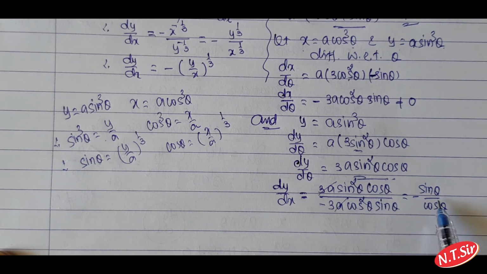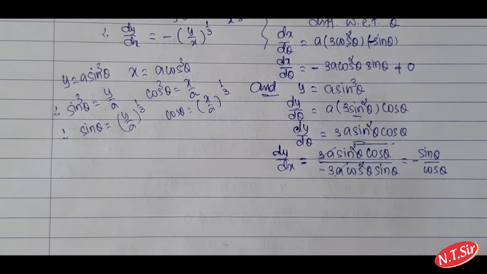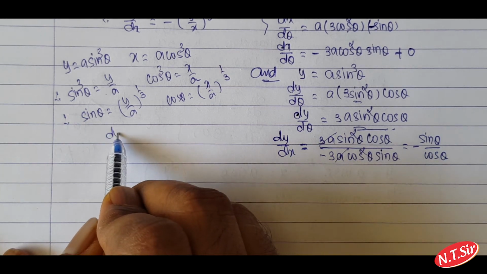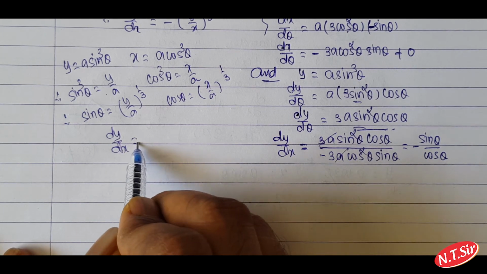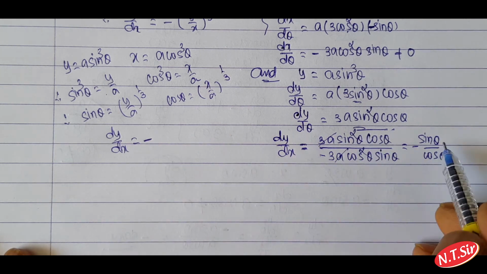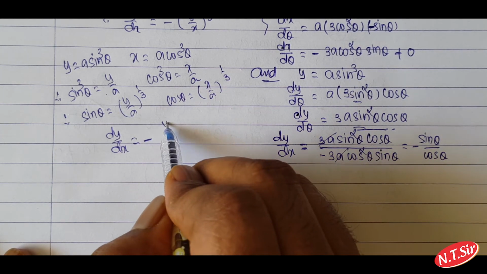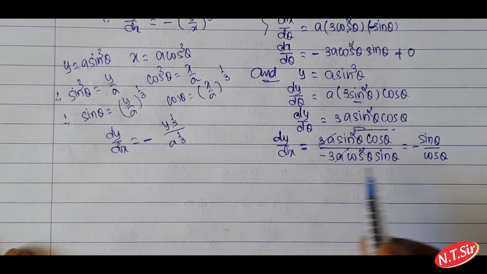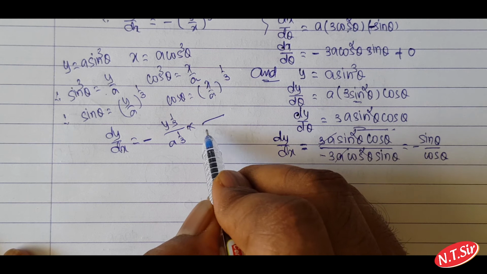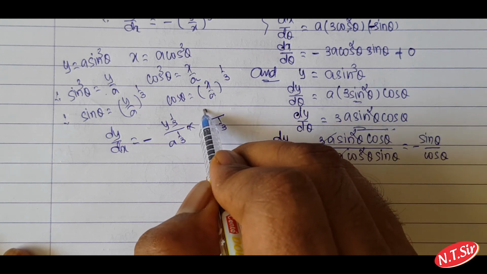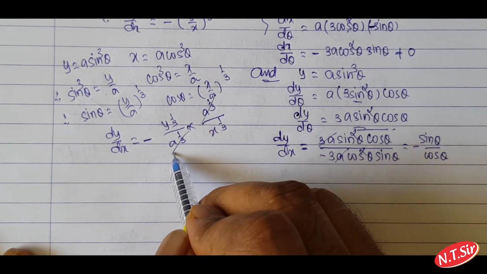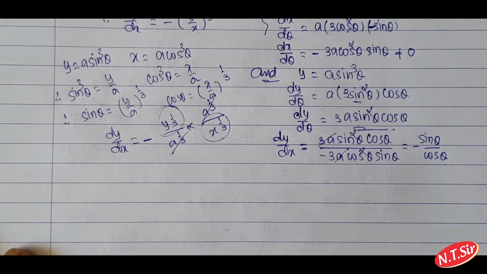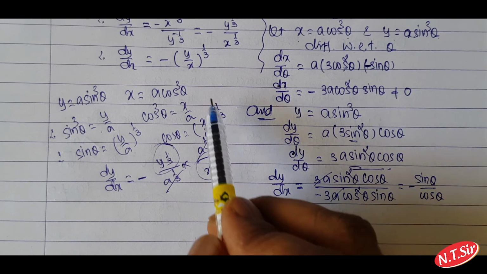So substituting the value of sin and cos here, what do we get? dy by dx is equal to minus sin theta upon cos theta. Sin theta is y raised to 1/3 upon a raised to 1/3 and cos theta is x raised to 1/3 upon a raised to 1/3. This will cut. So what we get? Minus y raised to 1/3 upon x raised to 1/3, which is the same answer as we got here.